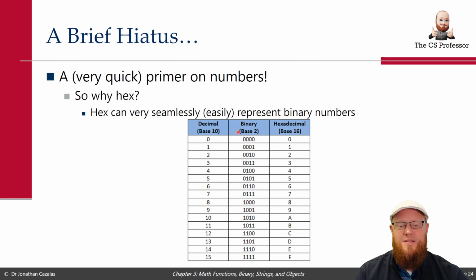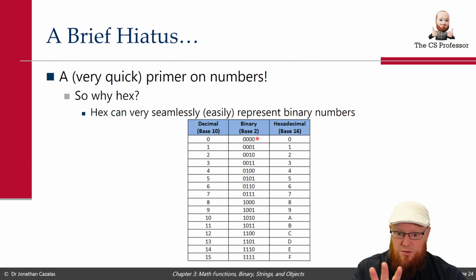Because it's very common to take a 4-bit sequence of numbers and to want to represent those 4 bits and to see those 4 bits. It's very common. Well, as you see in this table, we can take those 4 bits and we can very easily capture them with one hexadecimal value, right?